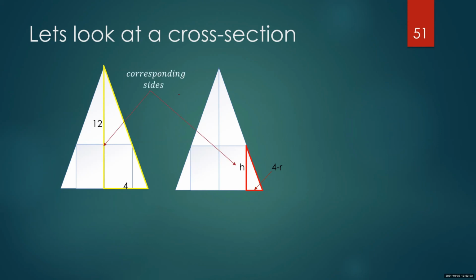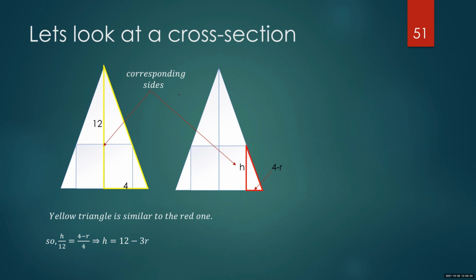So the red triangle and the yellow triangle are similar triangles, and you can see I've marked 2 of the corresponding sides. So we know that the yellow triangle is similar to the red one, and so we can say h over 12, because they're 2 corresponding sides, is equal to 4 minus r all over 4.